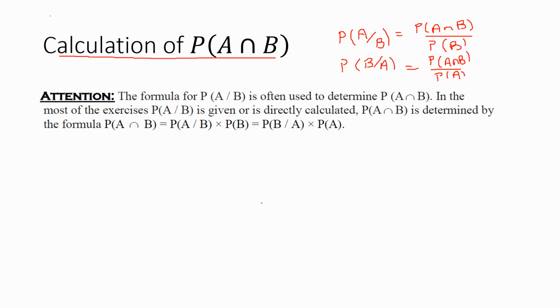If we cross multiply from the first equation, what do we get?